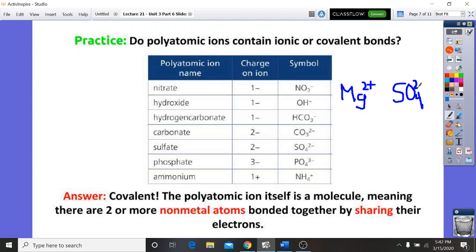So 2 minus. That means that now sulfate, which is covalently bonded, can bond to magnesium because magnesium is positive and sulfate is negative. So they will bond very romantically, ionically, but the sulfate itself will bond covalently.